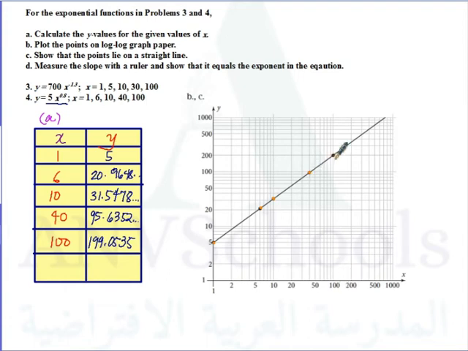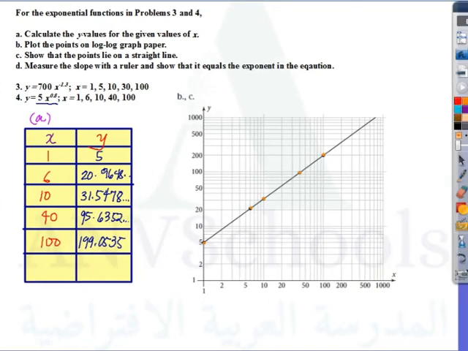Then joining all of the points, I'll just draw a straight line running from here to the last point and extending. You can see that we have a straight line here, right?